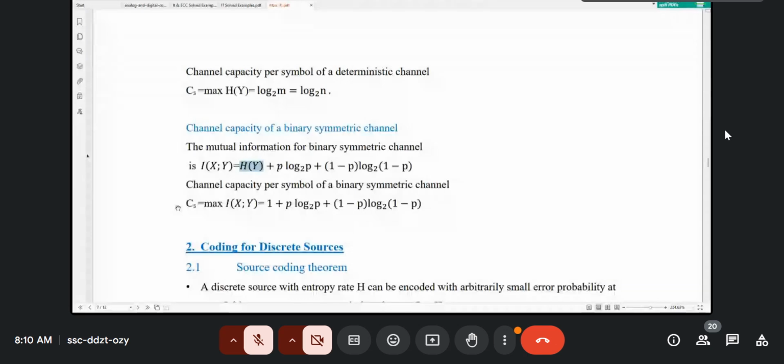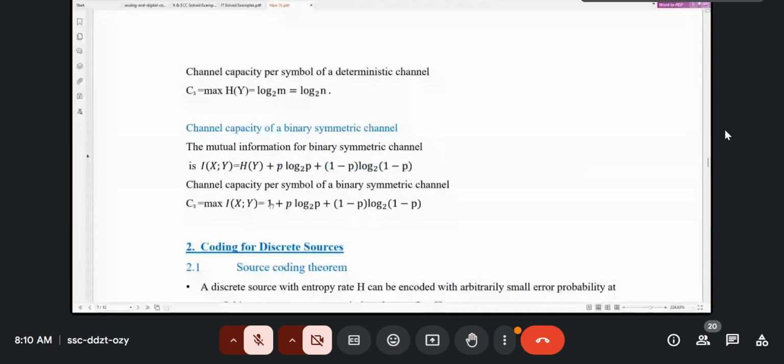The output, or marginal, entropy is equal to 1, and everything else remains the same. So the maximum is obtained when the output entropy is equal to 1.